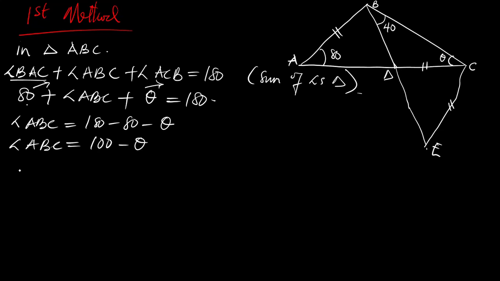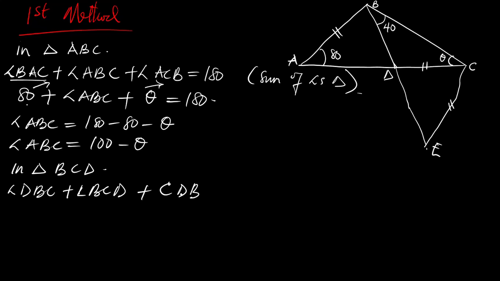Now let's look at triangle BCD. The sum of angles: you have DBC plus angle BCD plus angle CDB is equal to 180, the sum of angles in a triangle.